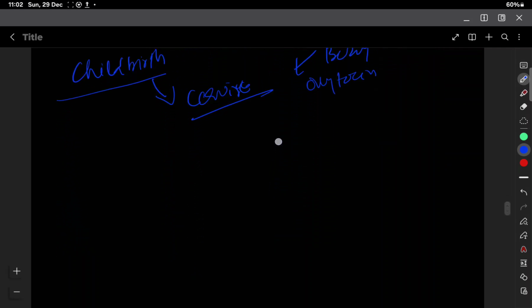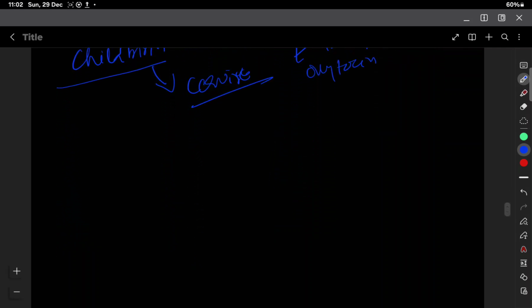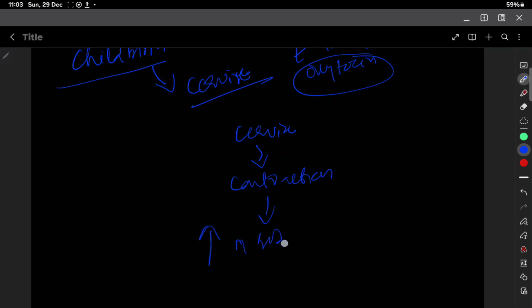So I can give you the examples here. In the positive feedback system, I give you the example of labor. What happens during labor? The contractions of the uterus are stimulated by oxytocin. So at the cervix there are contractions, and these contractions are increased by the body by releasing a hormone called oxytocin.